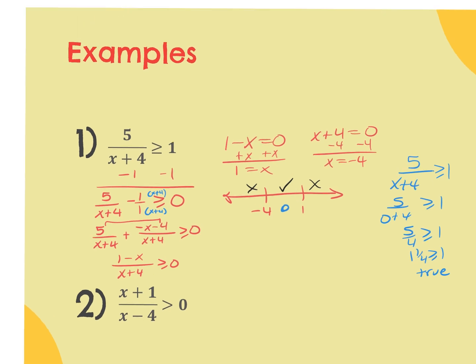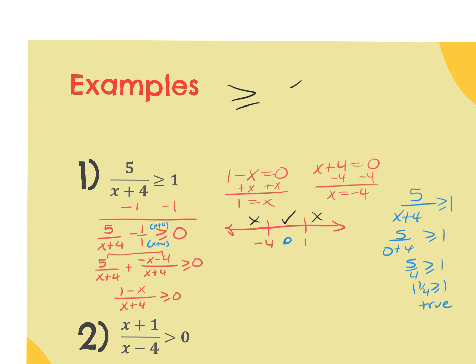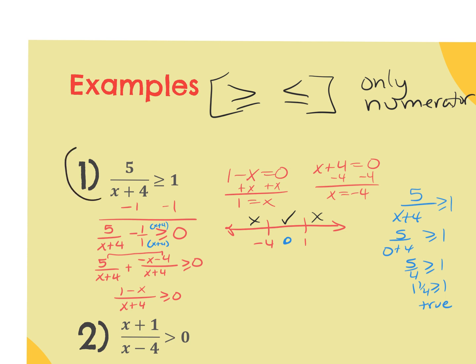So anytime you have this symbol, the bracket only will go around the numerator answer, okay? The denominator will never get a bracket, okay? Because if I plug in negative 4 into this, I get 0. So it can't include negative 4, but it can be all the other numbers.